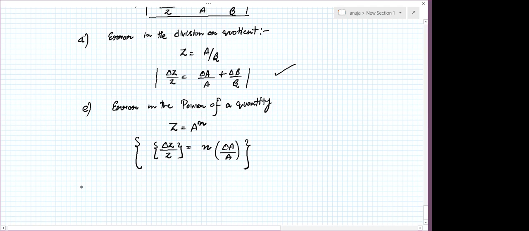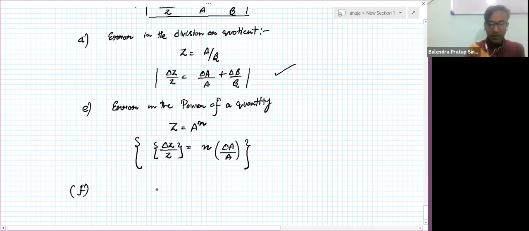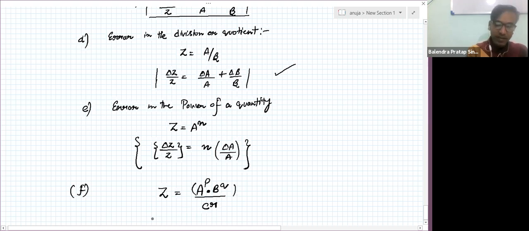The final formula is the combination: if Z is given in the form of A raised to the power p, B raised to the power q, divided by C raised to the power r. Here A and B are in multiplication and divided by C raised to the power r, and all the terms have powers p, q, and r, where p, q, and r are constants.